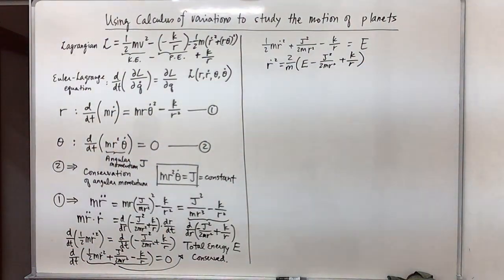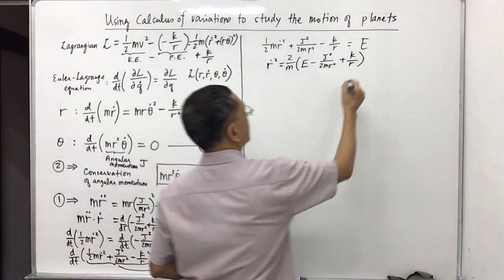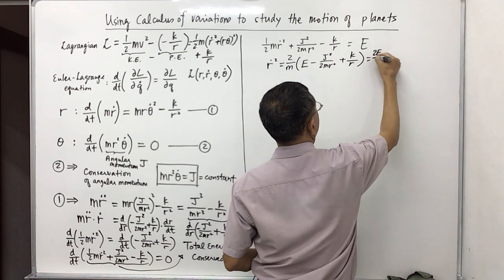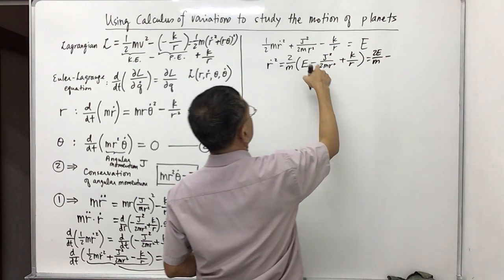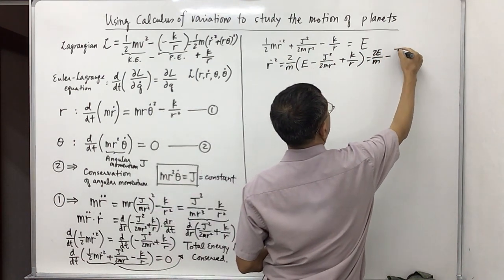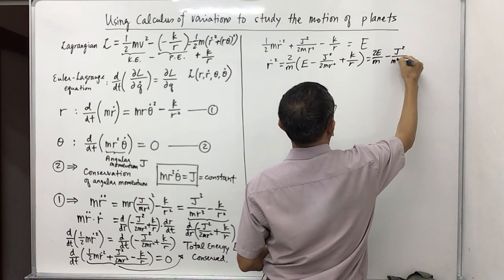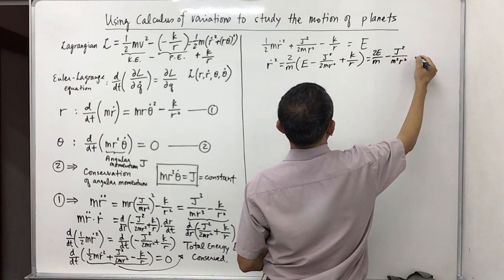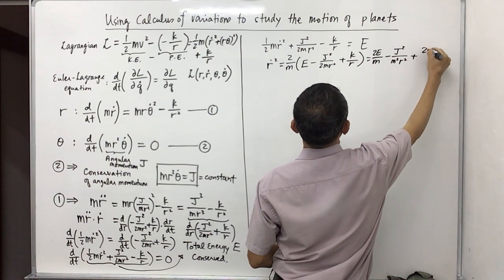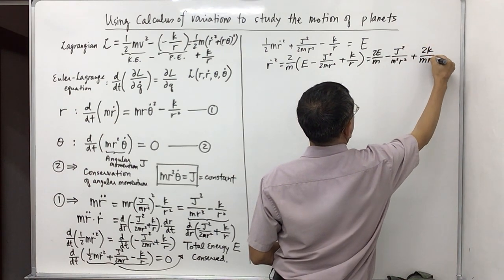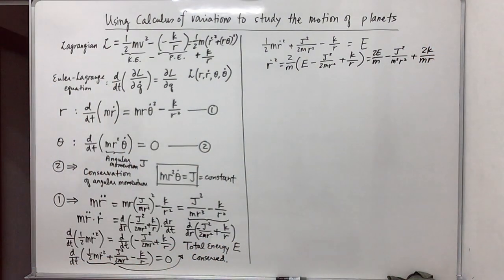Maybe let's simplify a little bit by multiplying the 2 over m in. So that would be 2E over m. There should be some simplification. That's j squared over m squared r squared. And then plus 2k over mr. Okay, that's my r dot squared. And if I want to find my r dot, that's just taking a square root.